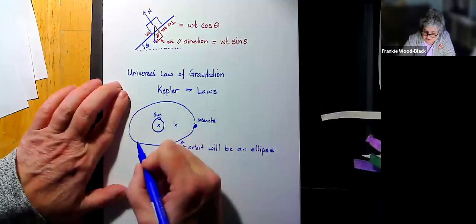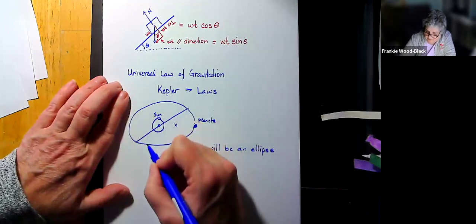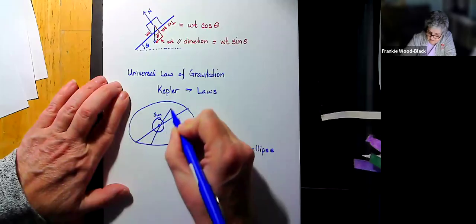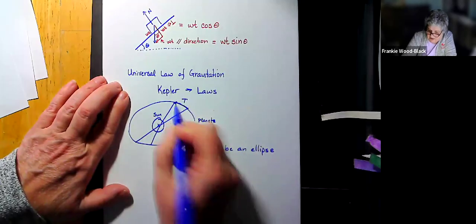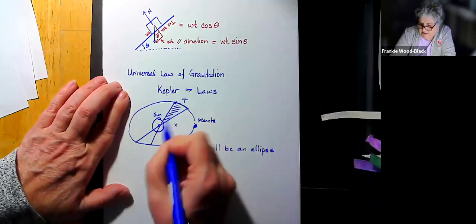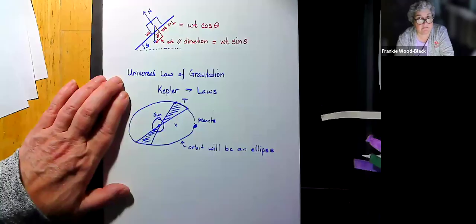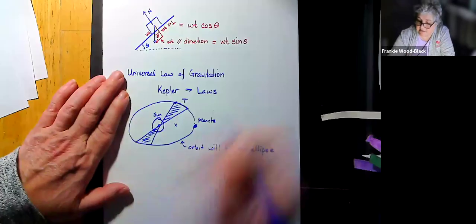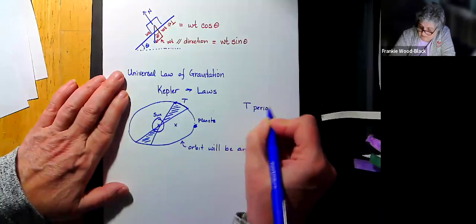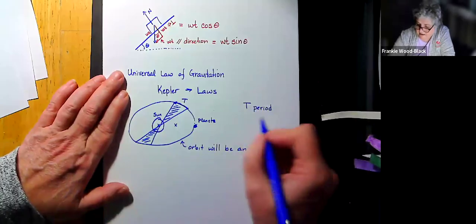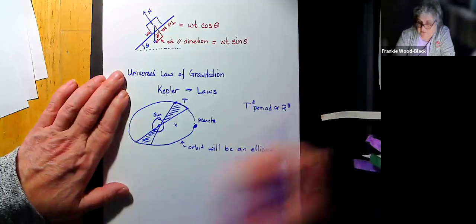The next thing Kepler said was, as I sweep through, in the time that it takes to go from here, the areas of these triangles are going to be the same. And he said that the period of our orbit, the period squared, is roughly proportional to the radius cubed.